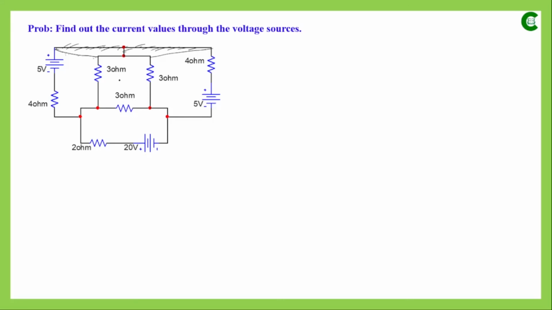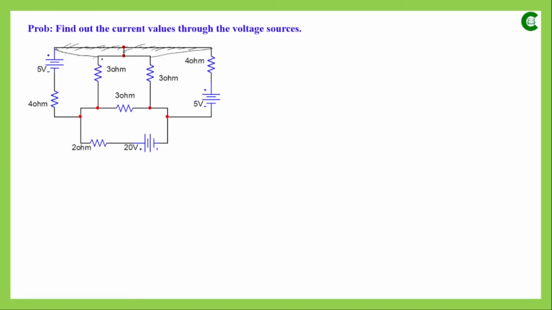Now, I have already discussed in my earlier class the star-delta and delta-star conversion. Here, in this part of the circuit we have three resistors connected in delta. So one way of solving this circuit is to simplify this part first.